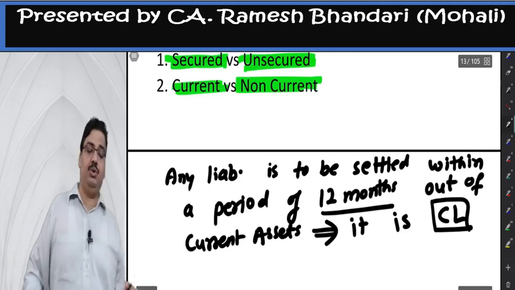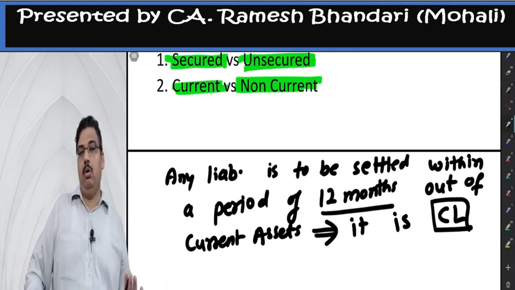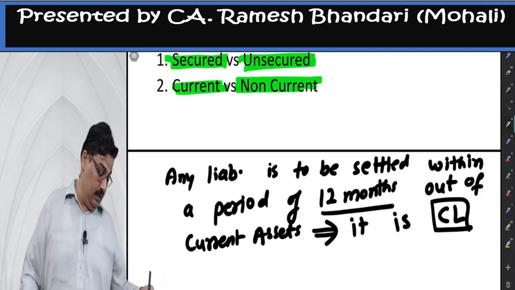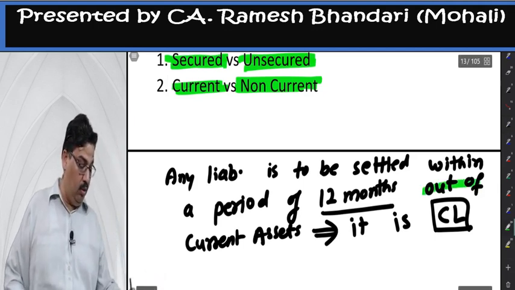I am again saying, strictly it is not 12 months. The operating cycle will also come into the picture if it is longer than 12 months. Many more items are written there in Schedule 3. Now broadly, this is the definition, and most important is out of current assets.